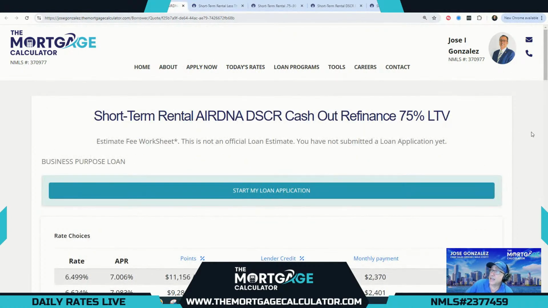And our last example is cash out refi, 75% LTV for your DSCR property using AirDNA. Yes, we actually do have an AirDNA cash out refi option. Almost every example out there has AirDNA for purchases only.